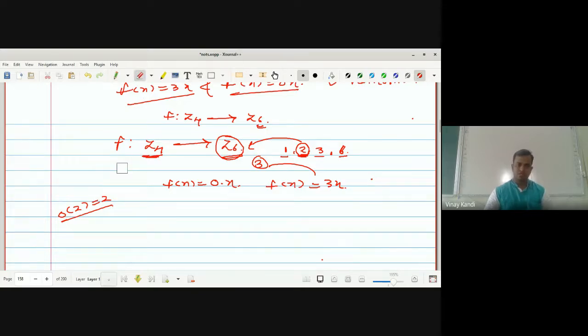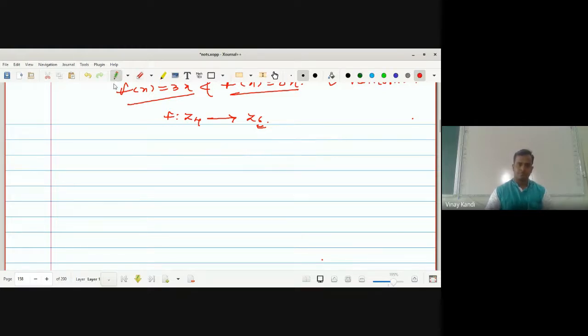Let me say it again, pay attention, there may be confusion. f is the function from Z4 to Z6. What are the possible orders in Z6? 1, 2, 3 and 6.